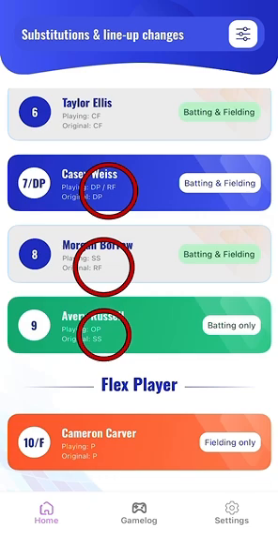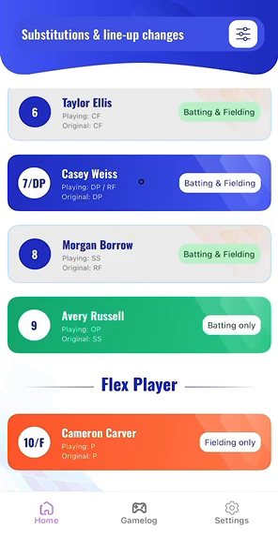And if I want to go back to just having my DP hit only and not play the field, all I have to do is change Russell, who's my OP, into right field. Now Russell will be right field, and Weiss will be back to DP only. Again, that could be as simple as telling the umpire, hey, I'm not going to have an OP anymore. Russell's going to go to right.